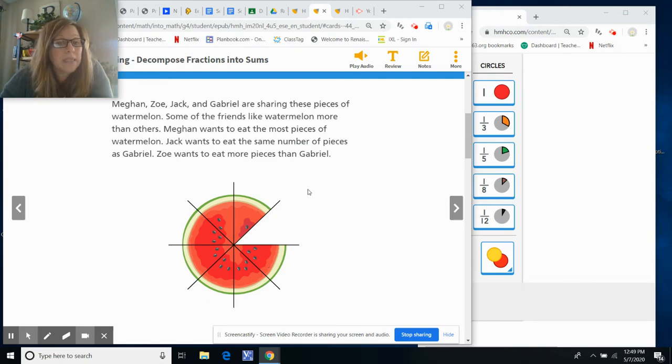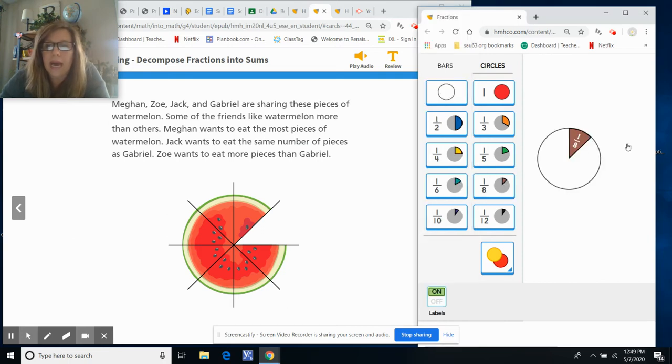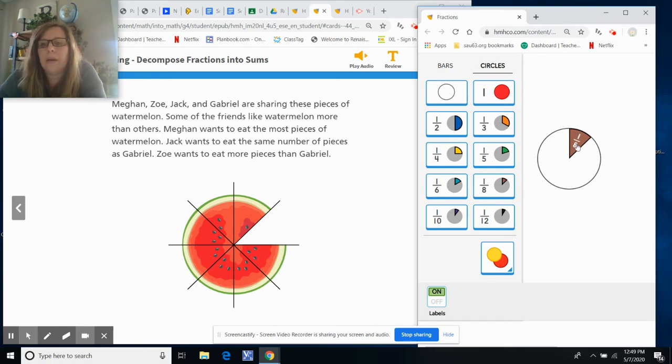So, who has the most? Well, it states right there that Megan wants to eat the most pieces of watermelon. Jack and Gabriel are going to eat the same amount, but Zoe's going to eat more pieces than Gabriel. So we know that Jack and Gabriel are eating the same amount. How can we represent that? Let's take a peek over here. If we had our watermelon here, let's put a number to these.